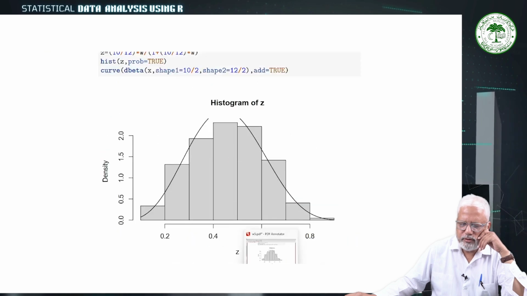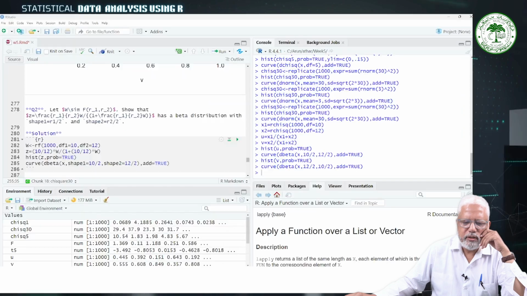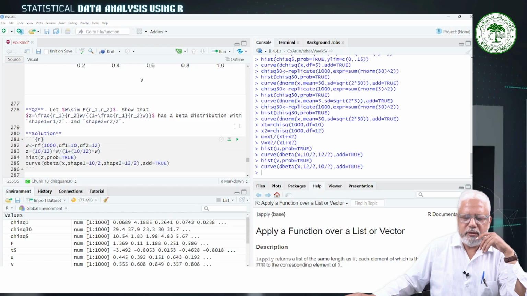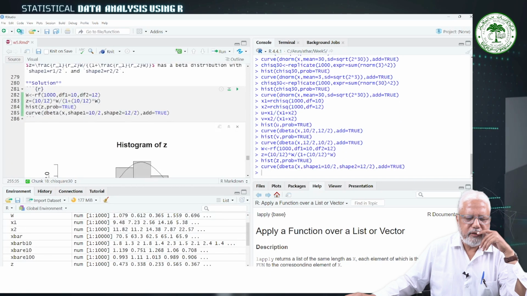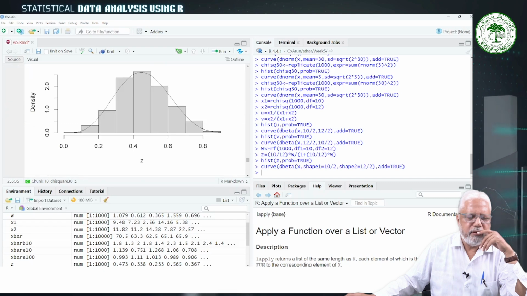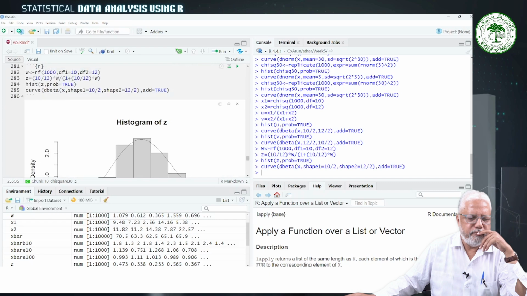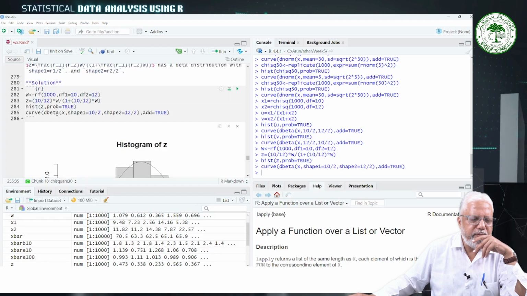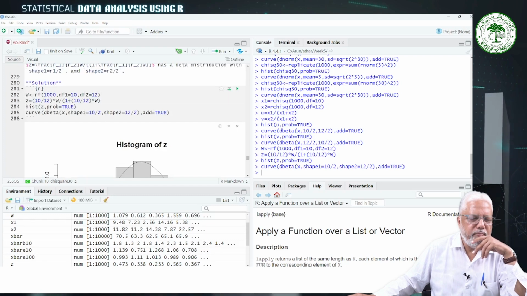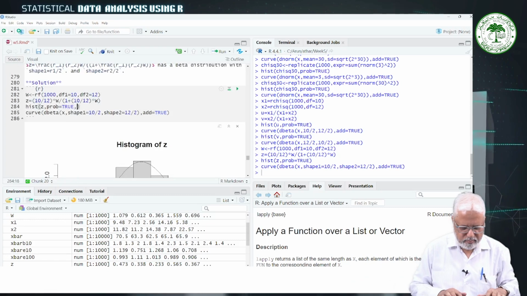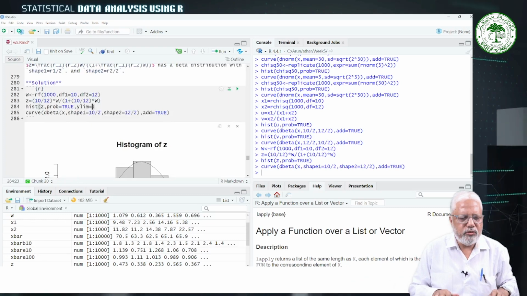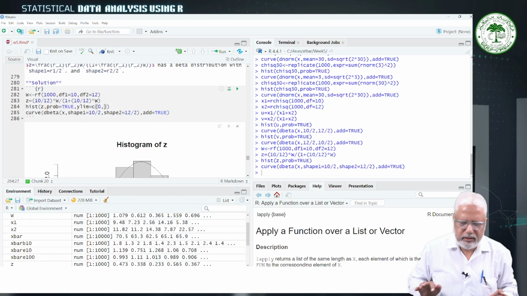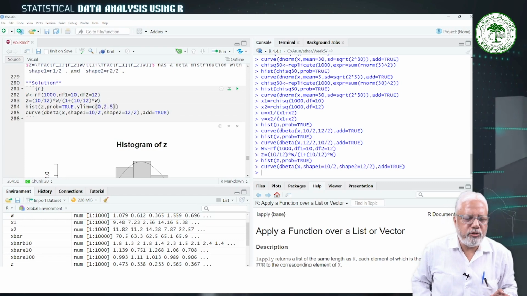We can remove this. Go into the command. So here if we run this, here it is good. Otherwise, if we want to improve the ylim, we can have ylim equal to c(0, 2.5), the minimum limit 0 and the upper limit 2.5.